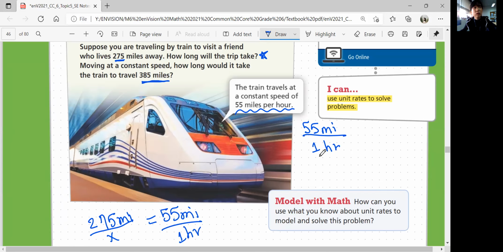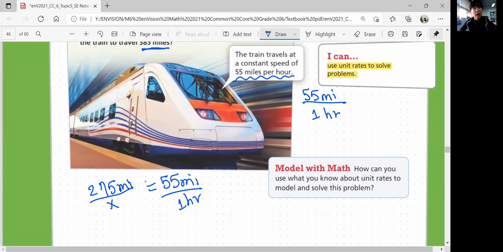So in order to have 55 become 275, or you can go the other way, but you're going to get the same answer. So 55 times something is 275. 275 times the same number divided by the same number is 55 miles, right?